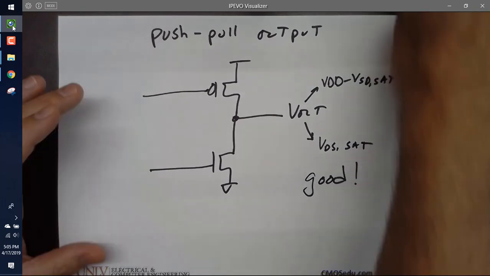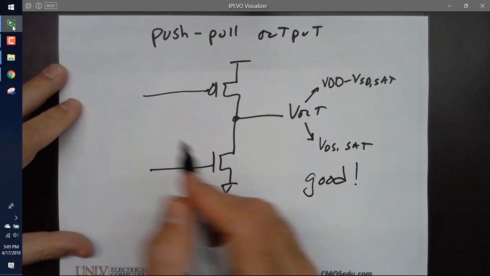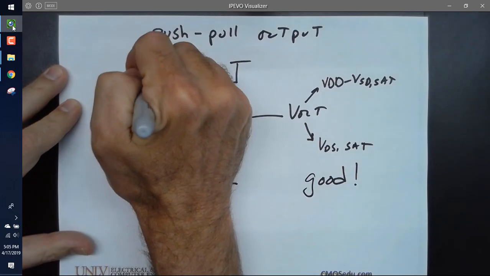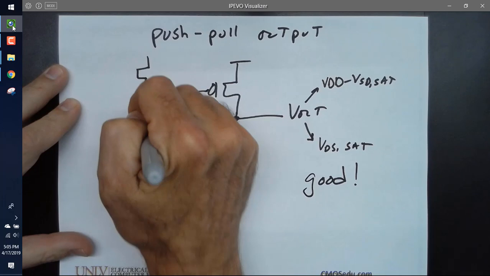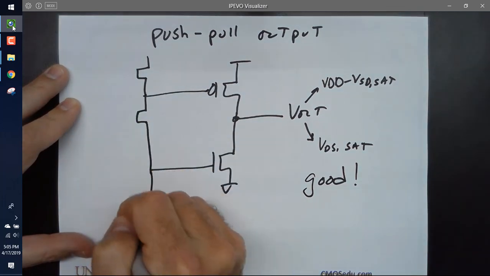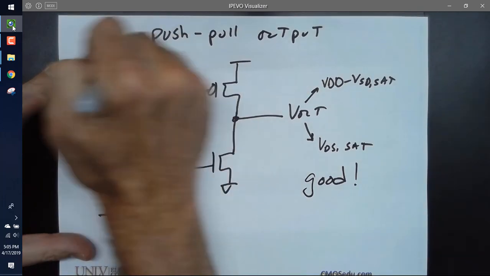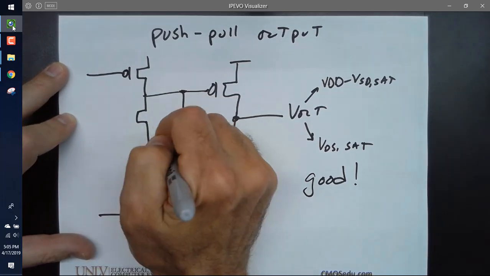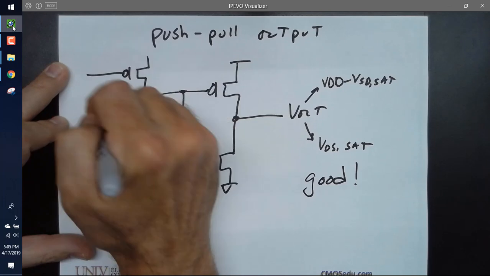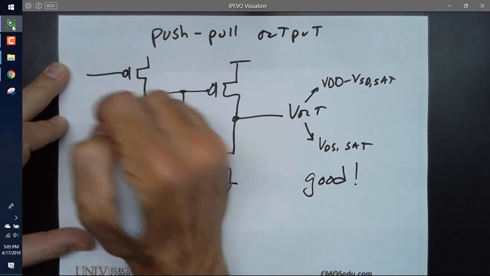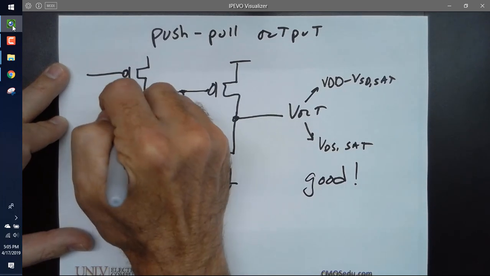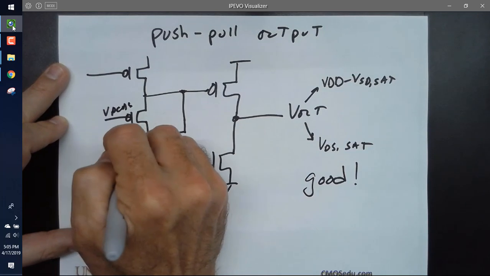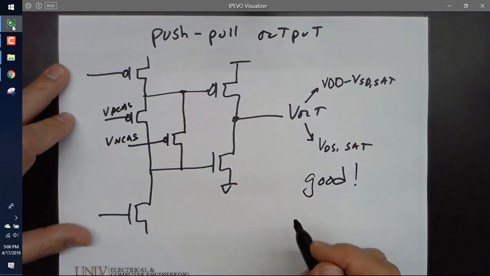No, this would be connected to, here, I'll sketch the circuit if you want. This we'll call VP CAS, VN CAS, sound familiar?